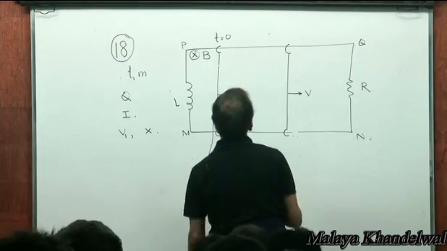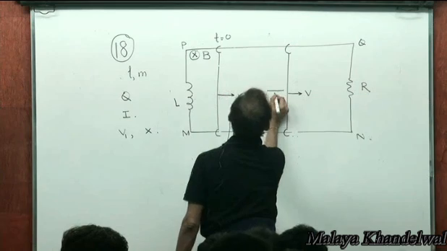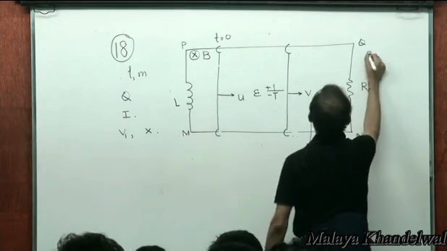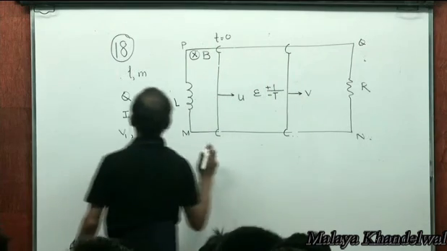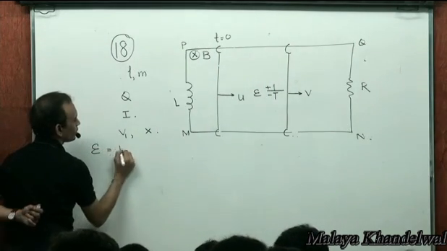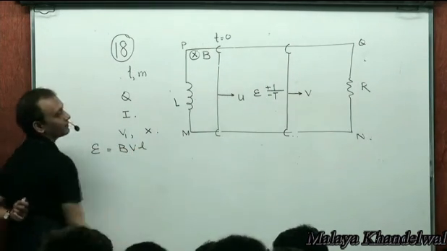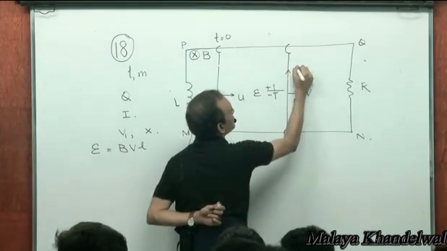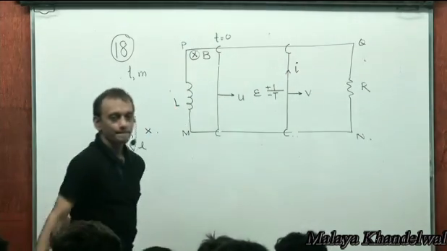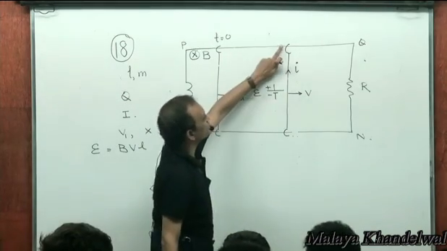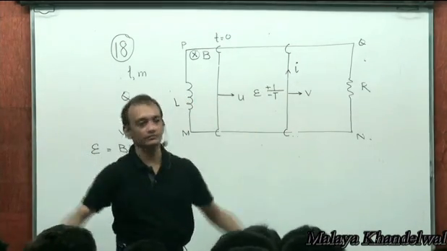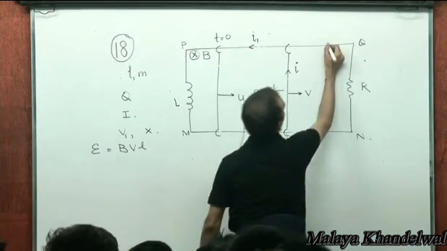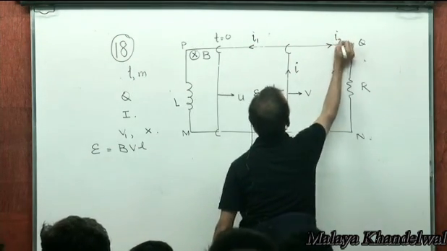Now if it acquires a velocity v, there is going to be an induced EMF in this sense, where epsilon is BvL, which through this will drive a current I. This current I comes to this junction and gets bifurcated. A current I1 flows through the inductor element, a current I2 flows through the resistor.